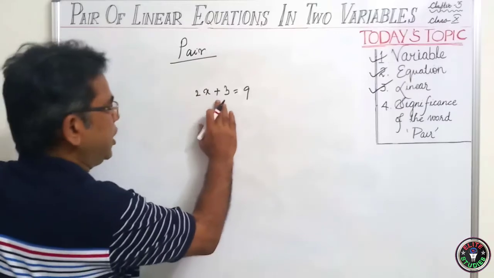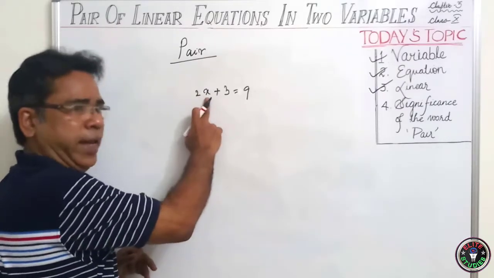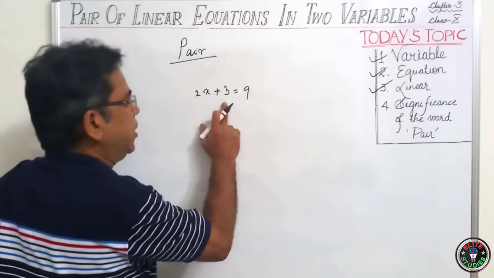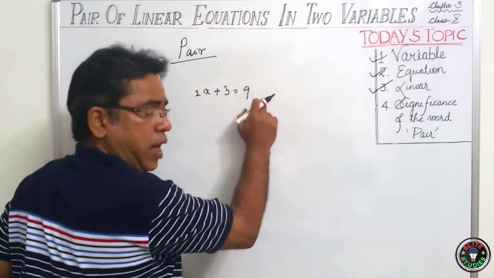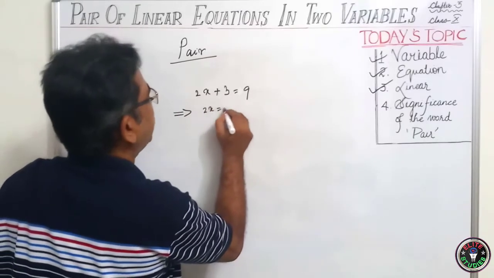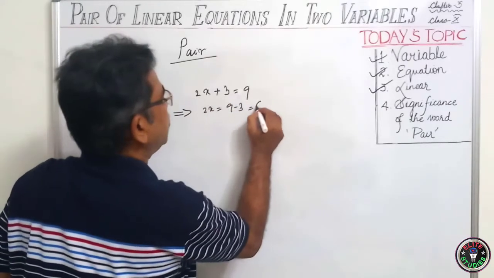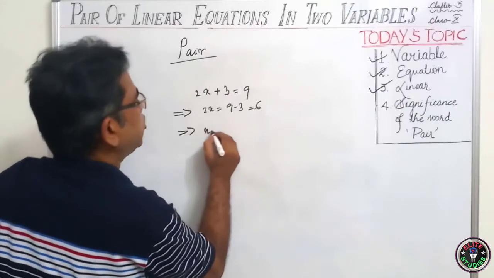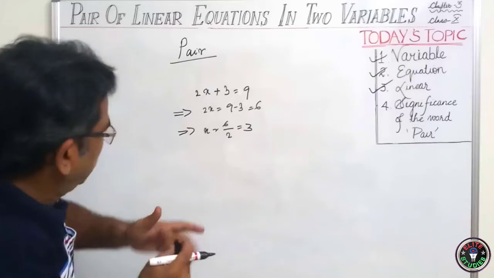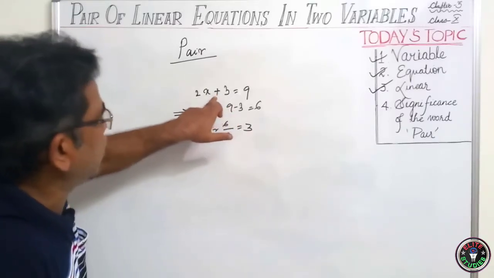The purpose is to get the values of x for which the equation is satisfied, that is, the LHS becomes equal to RHS. How? Simply you solve it. 2x will be equal to 9 minus 3, that is 6, and so x is equal to 6 by 2, which is 3. So this is called the solution of this equation.